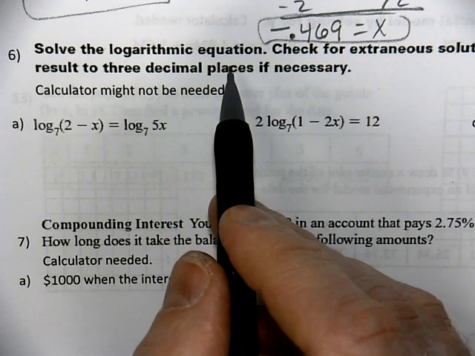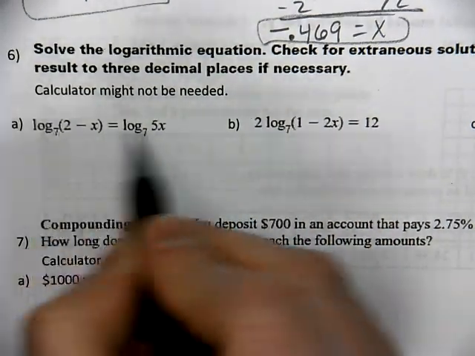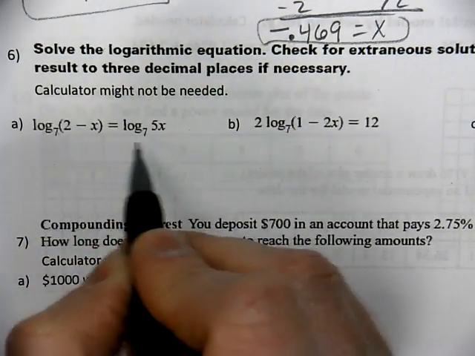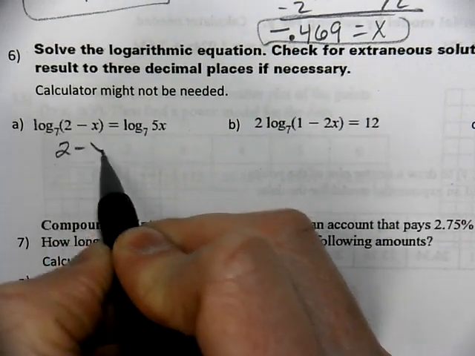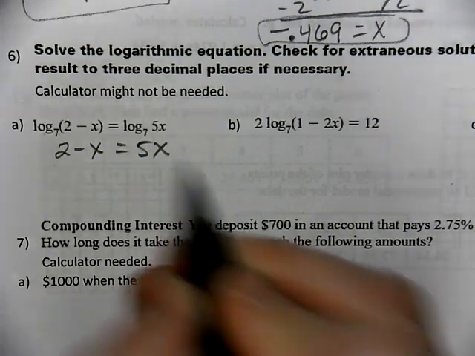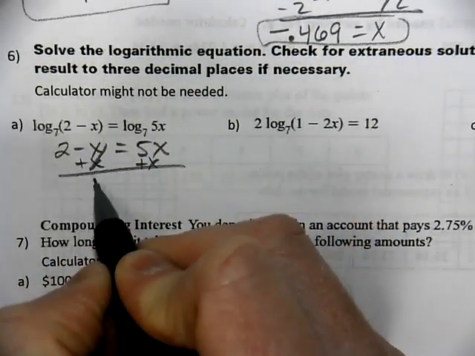Solve the logarithmic equation. So here, notice how both sides of the equal sign have log base 7. So if they're both the same, the only thing that could be different would be the 2 minus x and the 5x. That's the part in question. So we'll add the x to the other side.